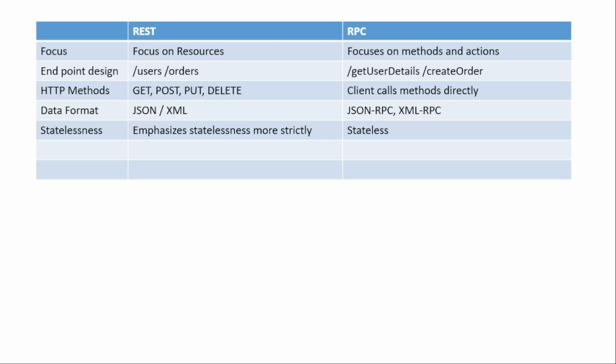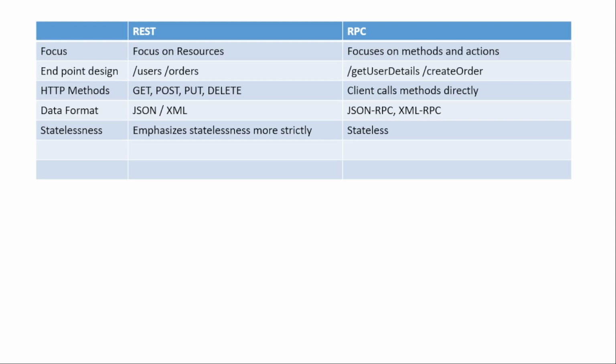Now, differences between REST and RPC. REST focuses on resources and RPC focuses on actions and methods. Endpoint structure. In REST, endpoints represent resources like /user/orders, and in RPC, endpoints represent functions or methods. HTTP methods.